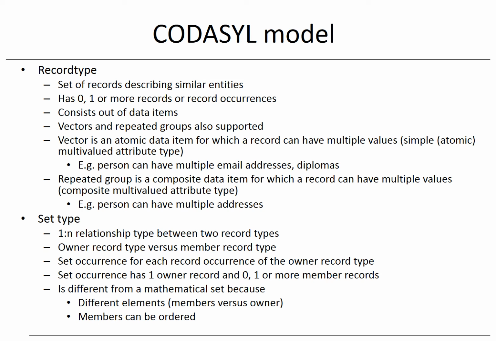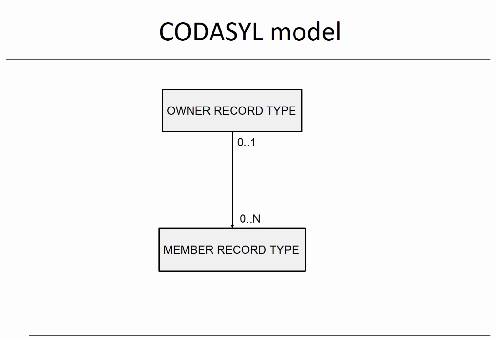Remember, in mathematics, a set is defined as a collection with similar elements and without ordering. However, a CODASYL set has both owner and member records, and it is also possible to order the member records. Here you can see a set type with the corresponding cardinalities.